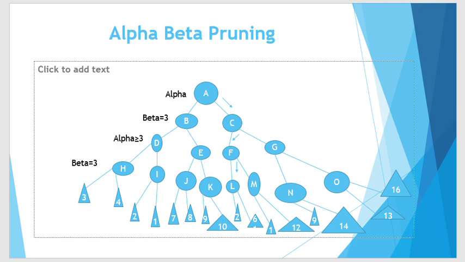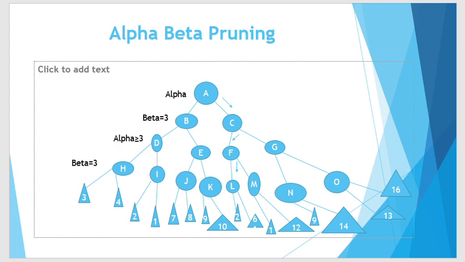If I choose the H path, my minimum value is 3. Then obviously we will not consider this one, there is no use of exploring this node. We will prune it, which means we will not even search it.